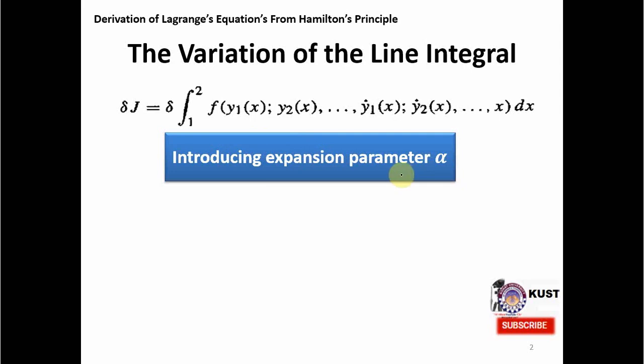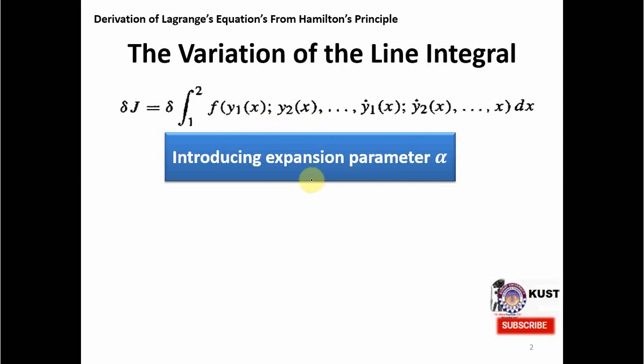We have already done this procedure in the case of a single variable, but since we are making a generalization, the steps of derivation are similar. The only complication comes from considering the many variables and their derivatives.